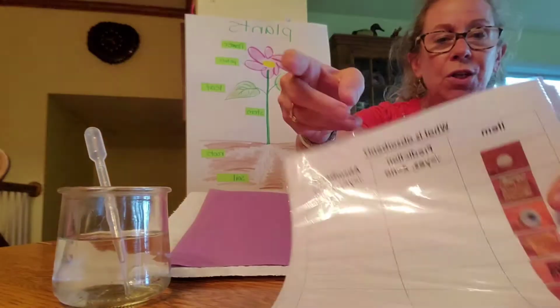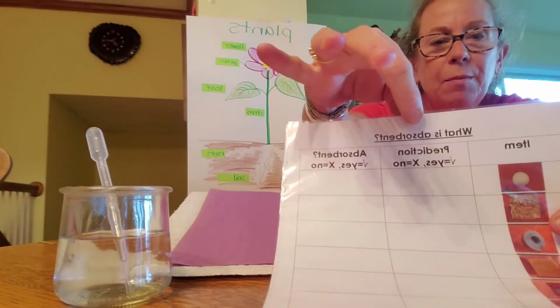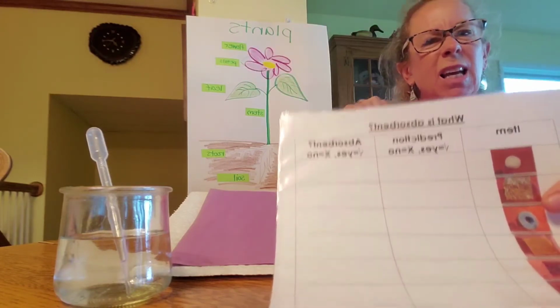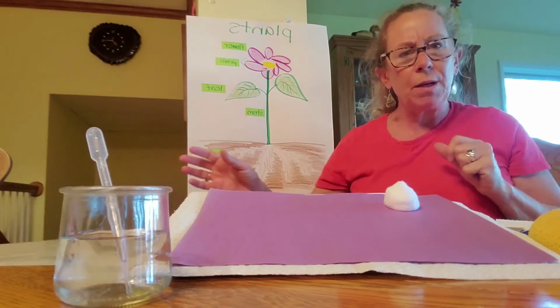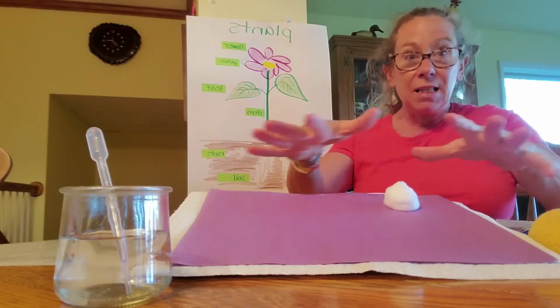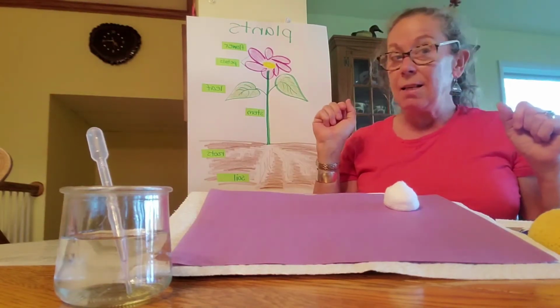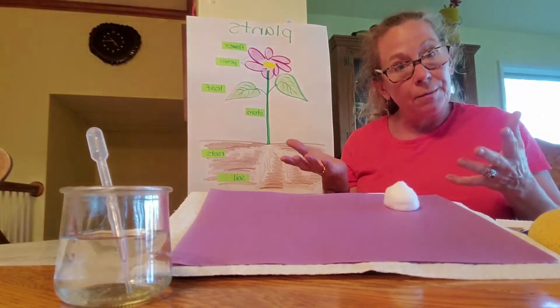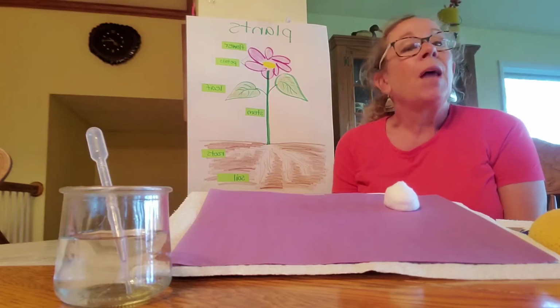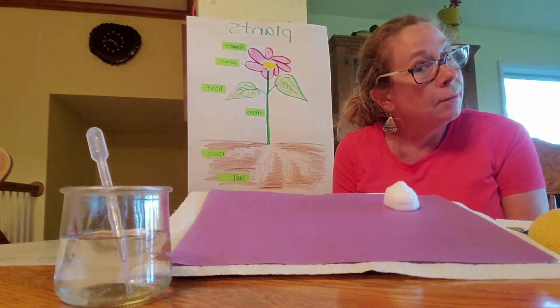That's a word on your sheet. Absorbent. If it does suck the water in, it is absorbent. If it doesn't suck the water in, it's not absorbent. It won't absorb water. Everybody say absorbent.